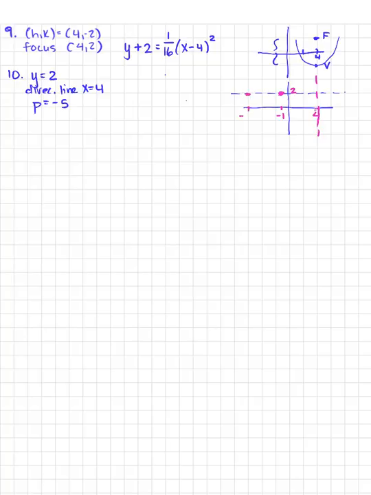That would be at -6 there. So this is my vertex, that's my focus, using the fact that p is a -5. So I know my orientation is going to be in that direction, away from the directrix. And so let's go ahead and come up with our equation. So we are going to have the vertex again, -1, -2.